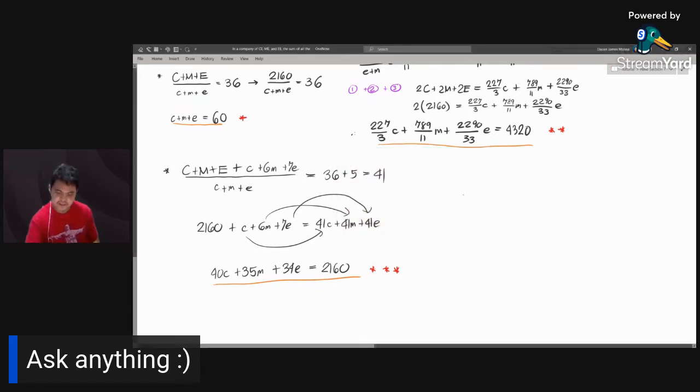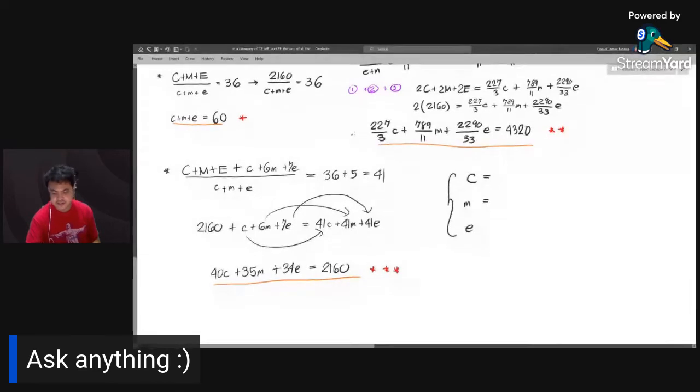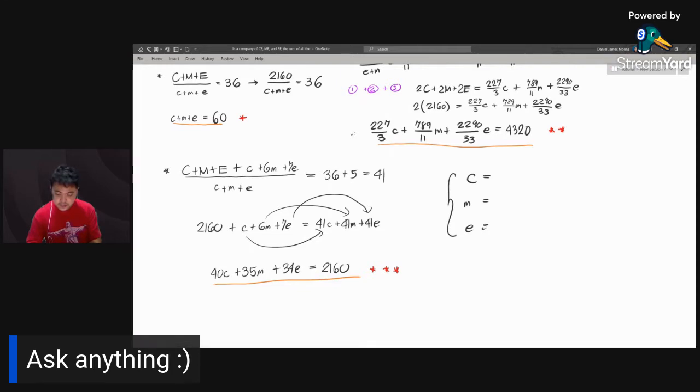So we can solve for the number of civil engineers, electrical engineers, and mechanical engineers using the equations. Kung sakaling magkamali to, double check natin. Troubleshoot natin.